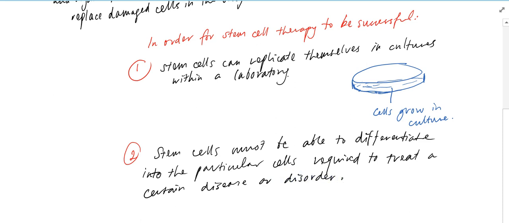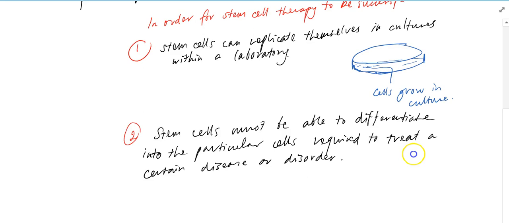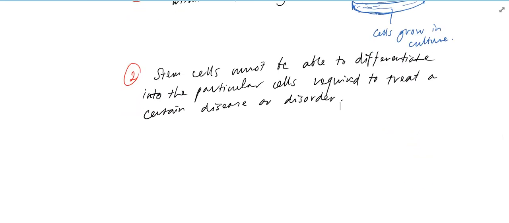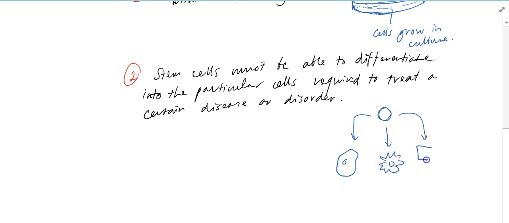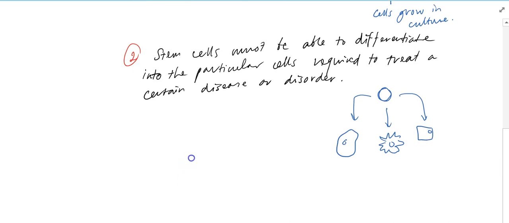So if we're going to extract stem cells from a body and then get them to treat something, they must be able to differentiate into particular cells that we need to treat whatever problem a particular patient is having. So if we're going to have a stem cell, it needs to be able to turn into what we want it to turn into.